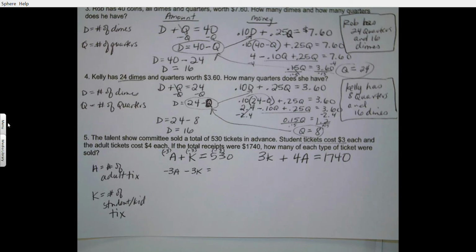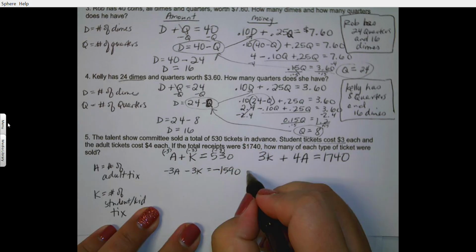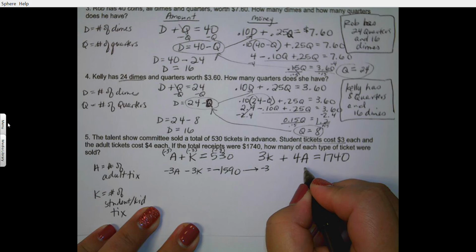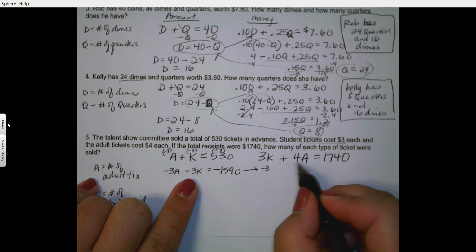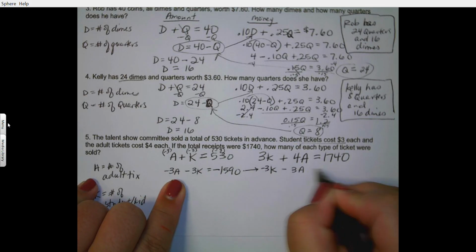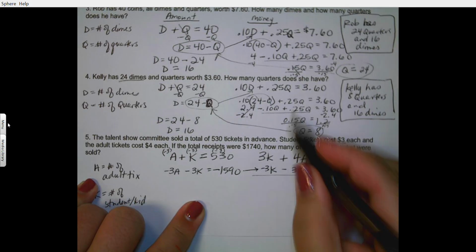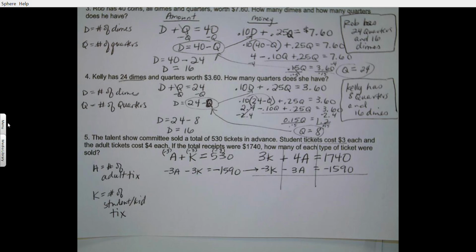So this is if you wanted to use elimination. Oh, I got to put it in order. The K's and the A's are in different order. So I have -3K minus 3A is equal to -1590. And now they're in columns, K's on top of A's, and then equal signs, and then money.